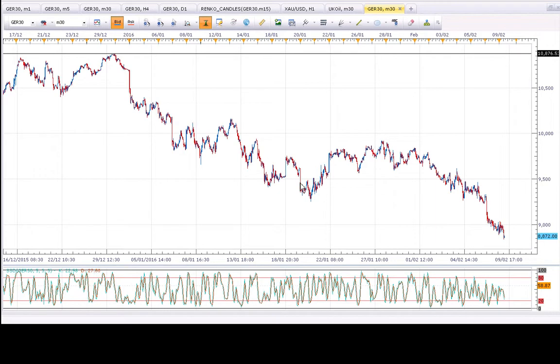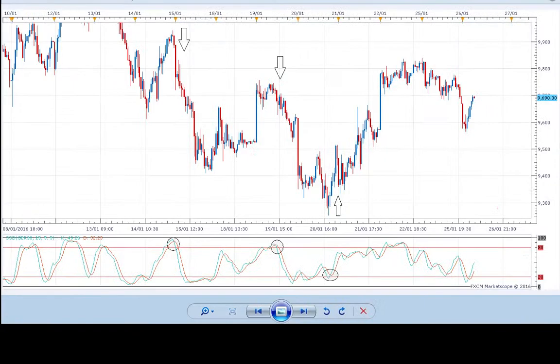But I have been looking through a few of these already, and I've noticed a selling signal already. So here we go. Here's the German DAX zoomed in for January 2016, just giving you an example of a couple of selling signals.